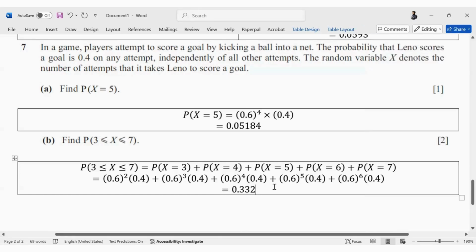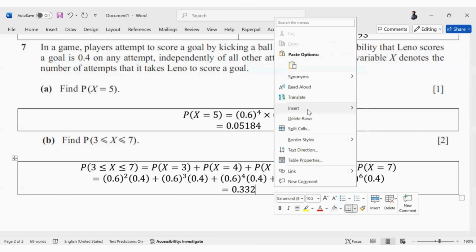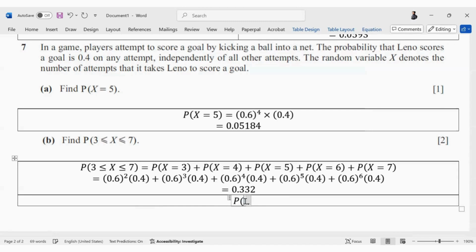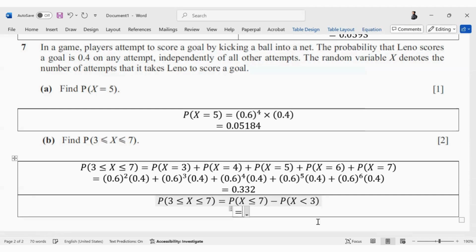Another way of doing it was an easier one. If I want to find this, I could have just taken probability X is less than or equal to 7 and subtracted X is less than 3. So how do I find success in less than or equal to 7? I'm taking all paths except the path of 7 failures.